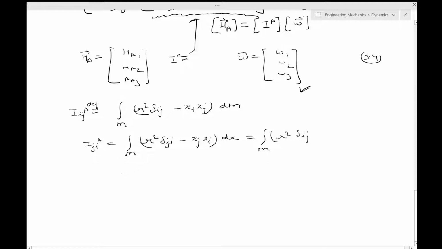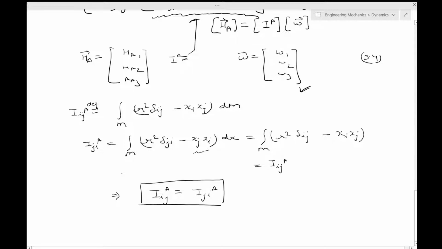It's a diagonal matrix, a unit matrix, so delta_ji will be the same as delta_ij, and the product x_j x_i can be written as x_i x_j. Now this is actually equal to I_ij of A. This implies that I_ij of A is equal to I_ji of A. So this is also a symmetric matrix.